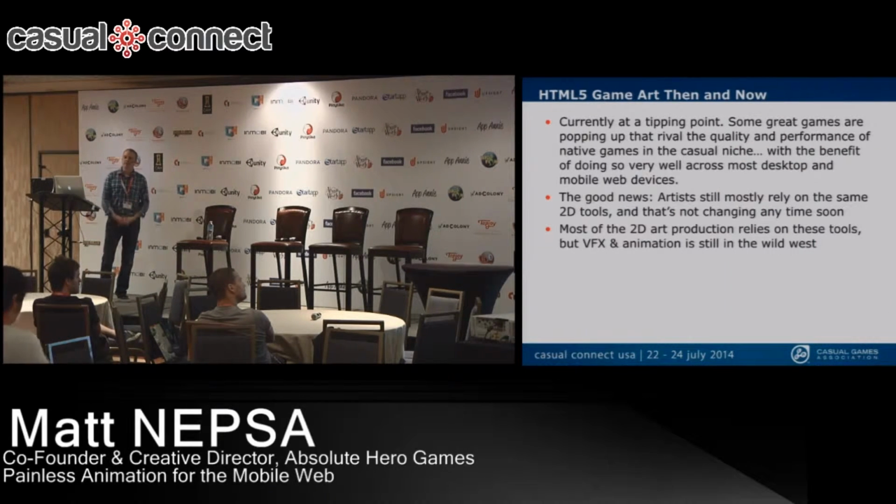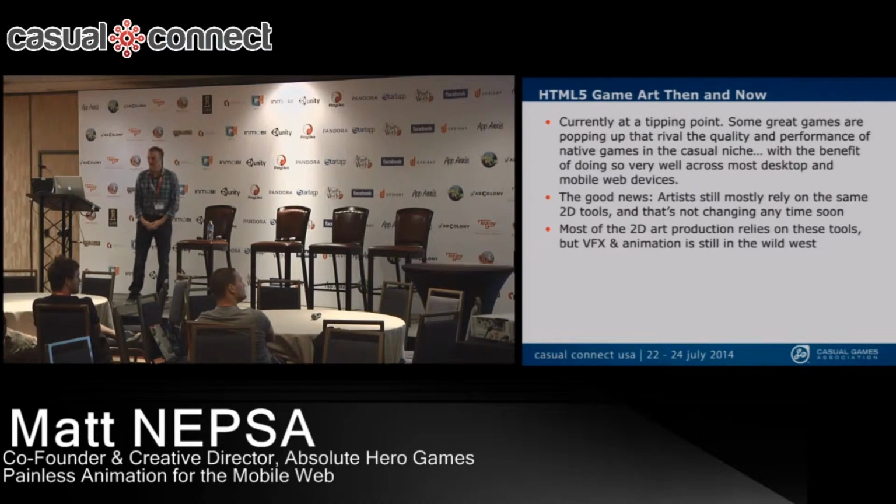We've been seeing a lot of games come out lately with much better production quality. That being said, I'm not the biggest expert on the state of the industry, and that's not what this talk is about. So I'm going to shift now to the art track part of this.